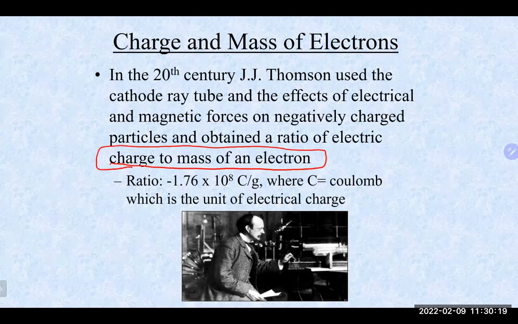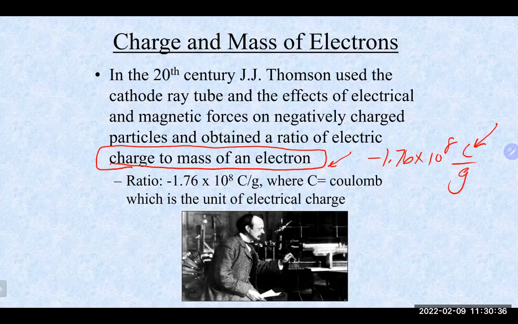So Thomson used these CRT tubes to do these experiments, and from that, he figured out the charge to mass of an electron, which is this number down here. It is minus 1.76 times 10 to the 8 coulombs per gram.